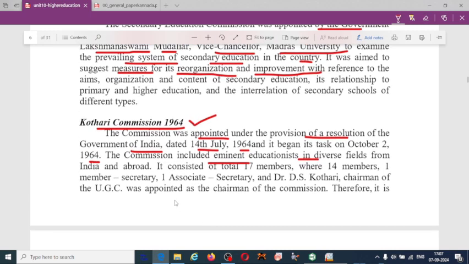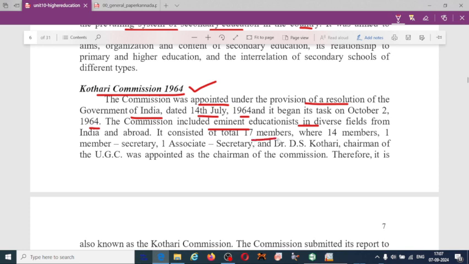It consists of a total of 17 members, including one member secretary and associates, and Dr. D.S. Kothari, chairman of UGC, was appointed as chairman of the commission. The name has been given, that's why Kothari Commission.